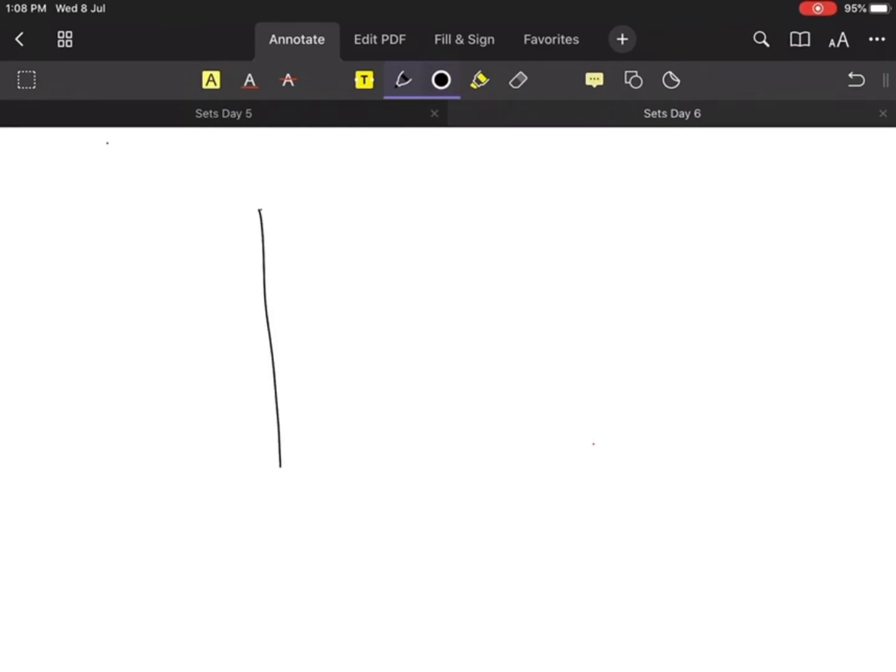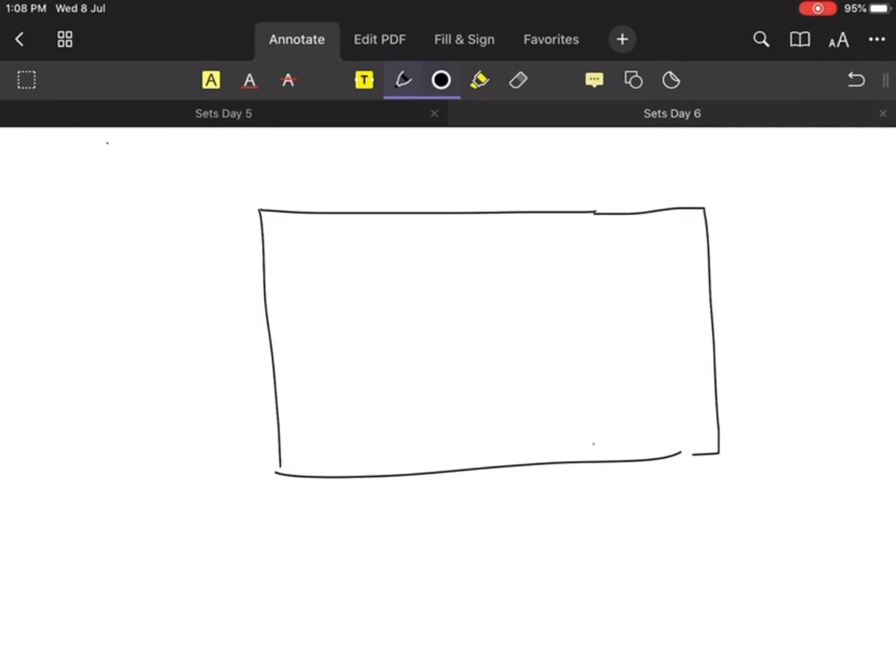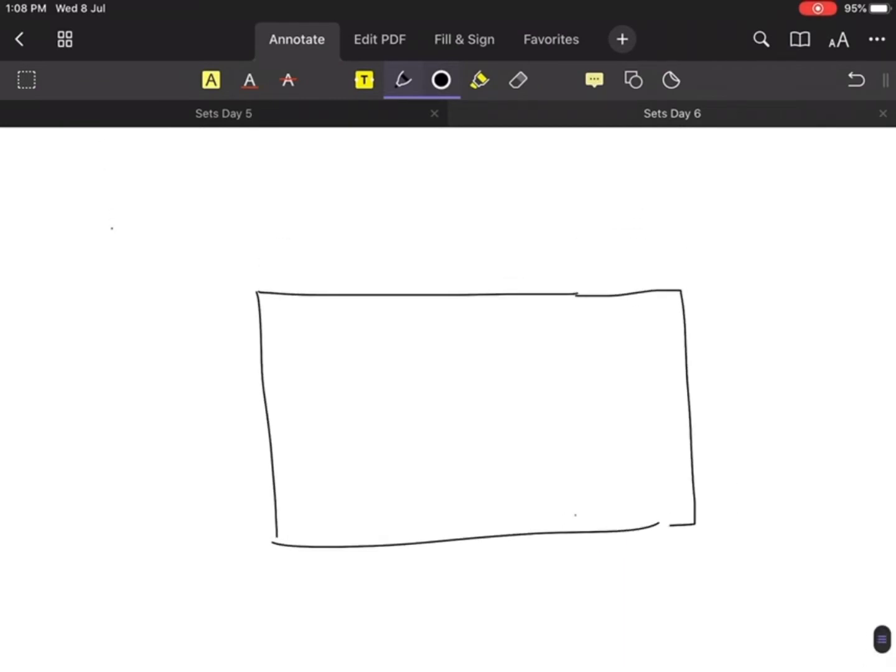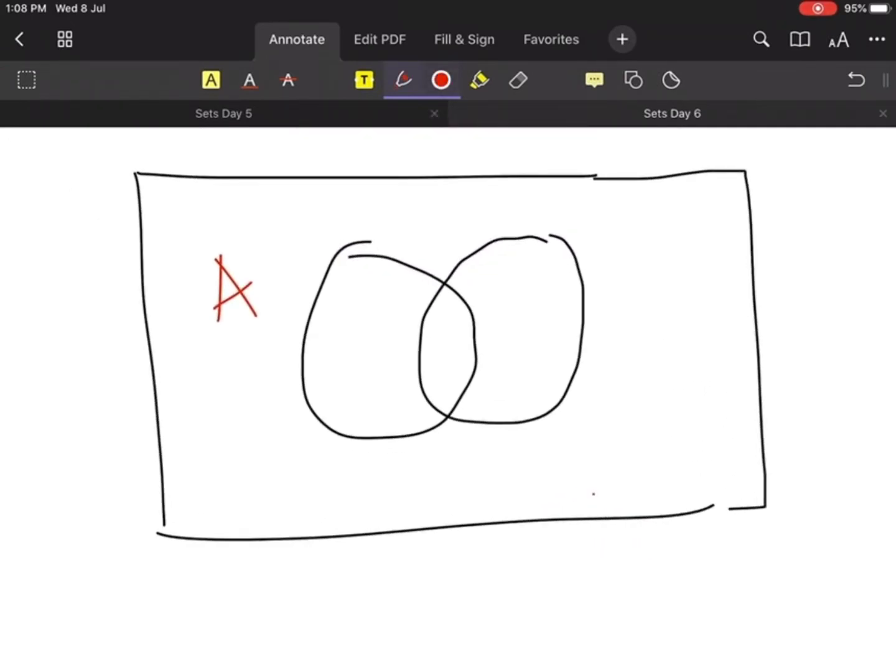So here we have the universal set like this. So this one is our A set and this one is our B set because they have something common between them, right? So here it will be A and here it will be B. Clear? So now I ask you, what will be number of elements of A union B?